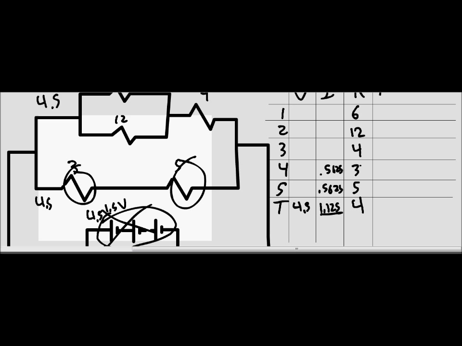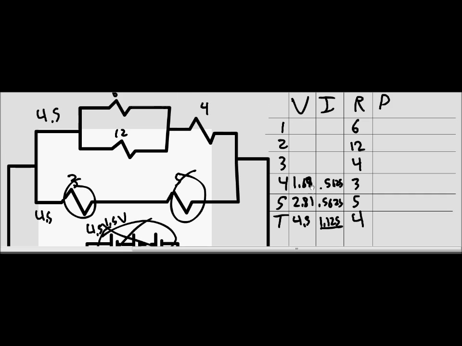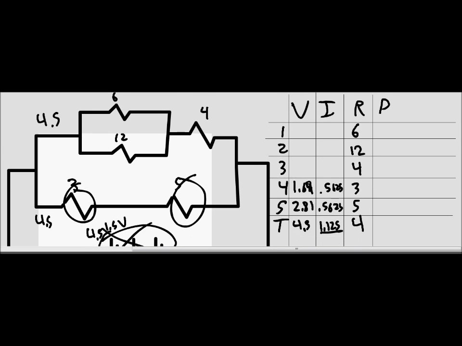And then if we just multiply these values together, their currents and their resistances, we get 1.68 or 1.69 and 2.81. And again, that's just with rounding.